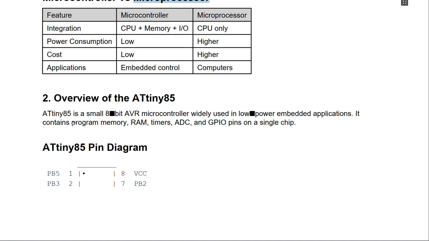It contains program memory, RAM, timers, an ADC or analog to digital converter, and GPIO pins, what we call general purpose input-output pins, on a single chip. Mark this: on a single chip.